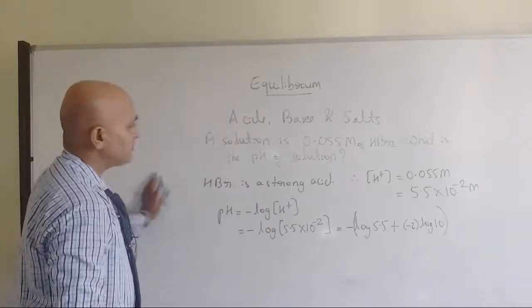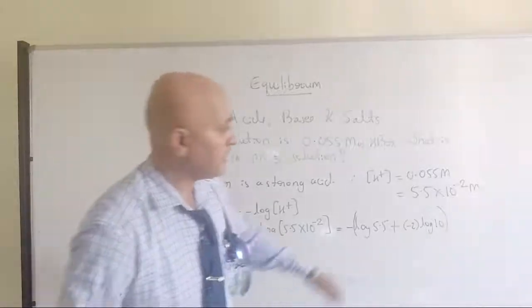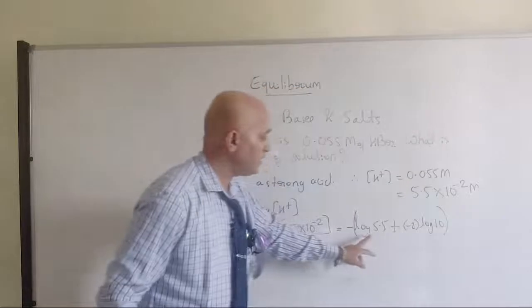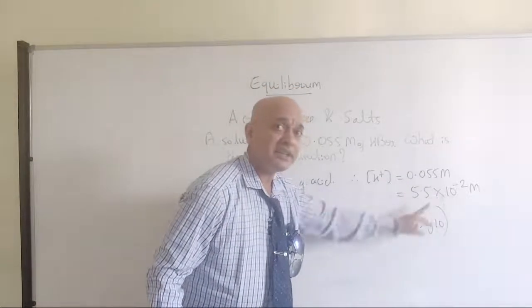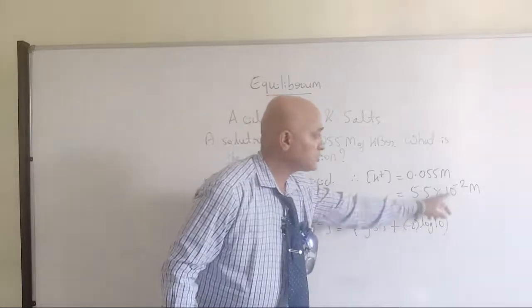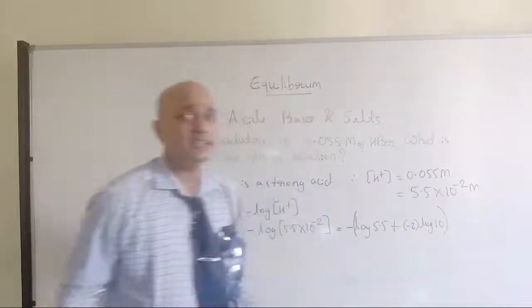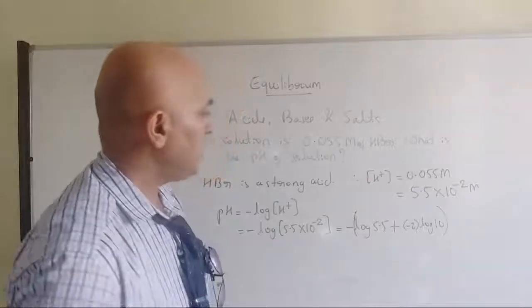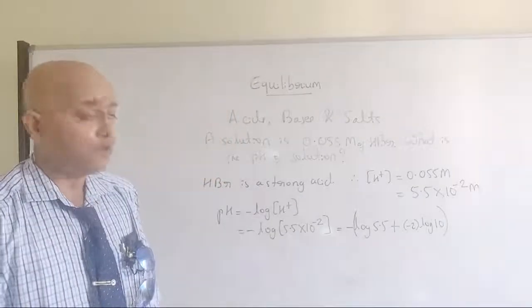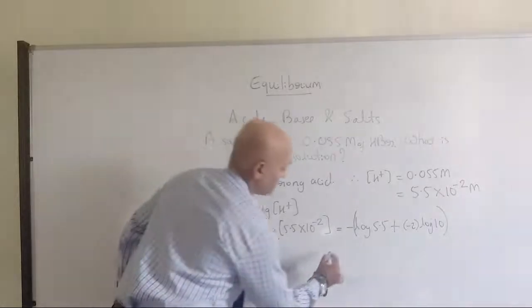Because of that, 5.5 × 10^-2 will become log of 5.5 plus, because multiplication is there, minus 2 into log of 10. Now I have to see the log value for 5.5.